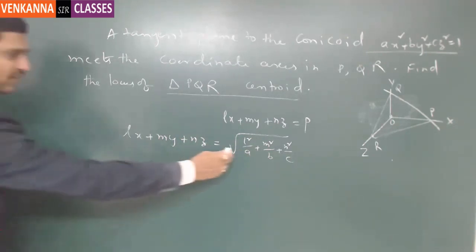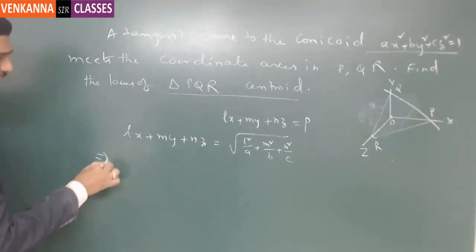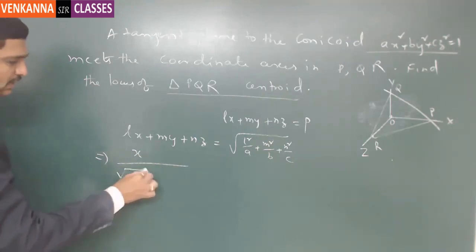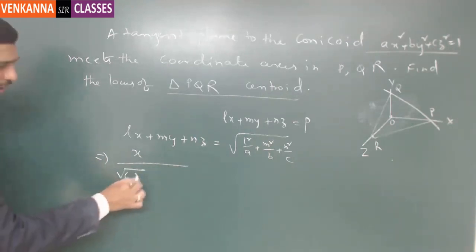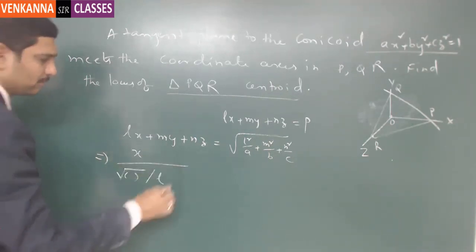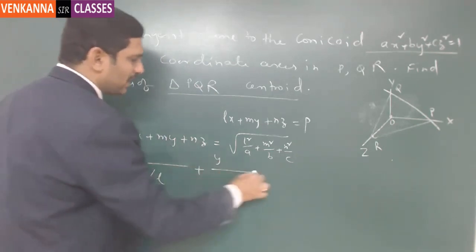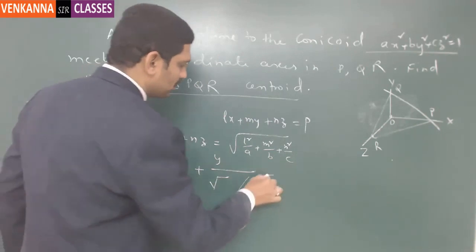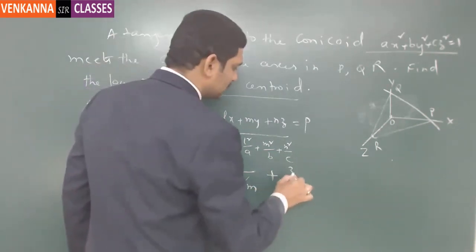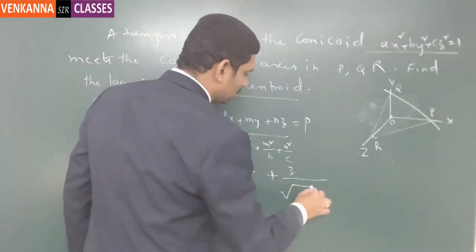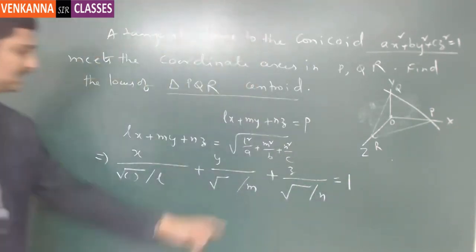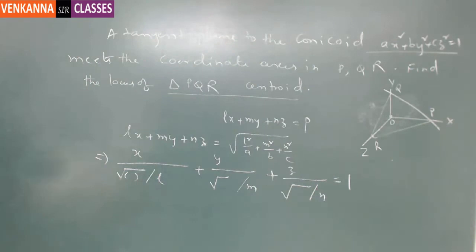So on dividing by this number on both sides, you can write it as x divided by the square root of the value divided by L, plus y by the square root of the value divided by M, plus z by the square root of the value divided by N, is equal to 1. This is the intercept form. Agreed?